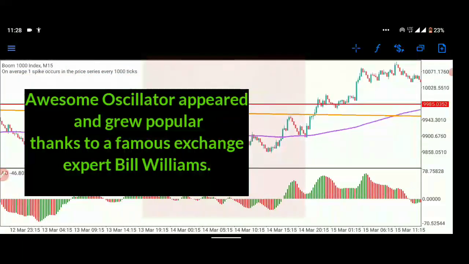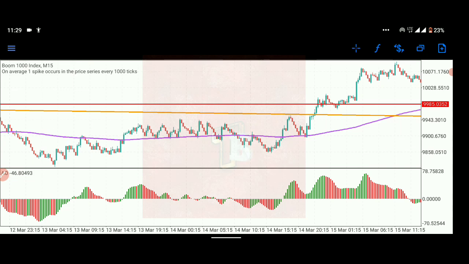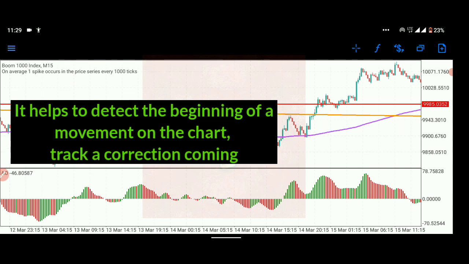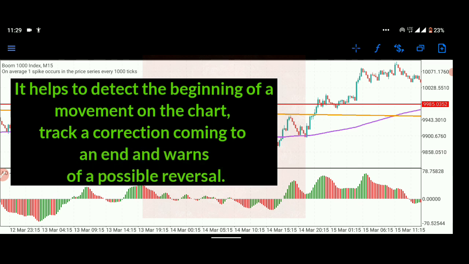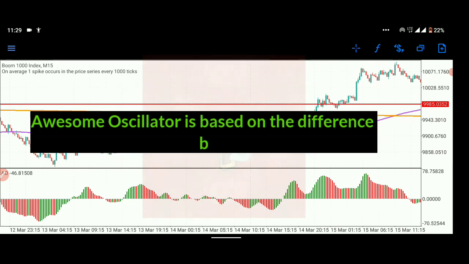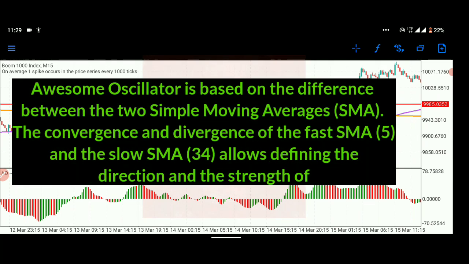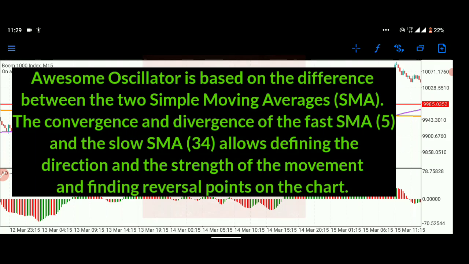It's actually been treated as a histogram. Are you getting me? It's a histogram indicator, and the Awesome Oscillator is based on the difference between two simple moving averages, the convergence and divergence of the fast simple moving average 5 and the slow simple moving average 34.